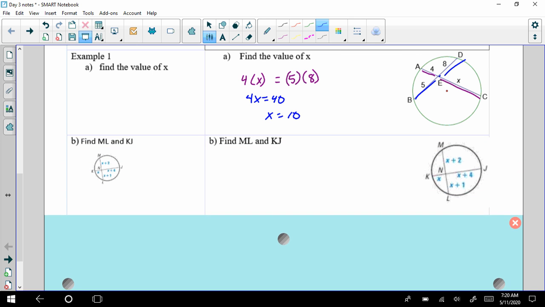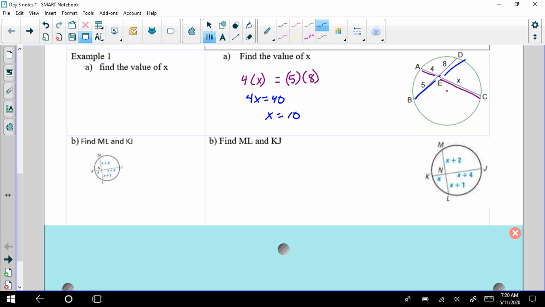It can get a little more complicated than that, as you can see here. So we have our short length here in this section and this section of this chord. So we have x times x plus 4, because we're going to have here in this one KN times NJ, which will equal then MN times NL.